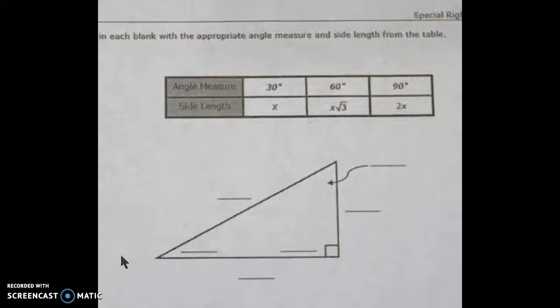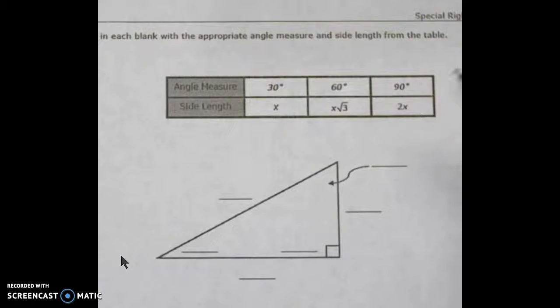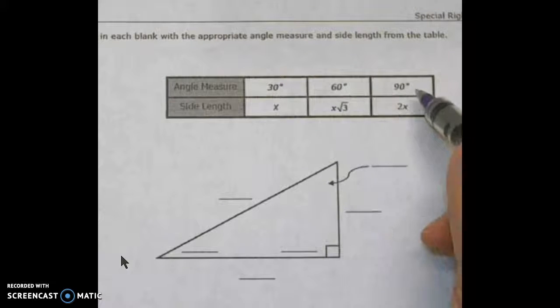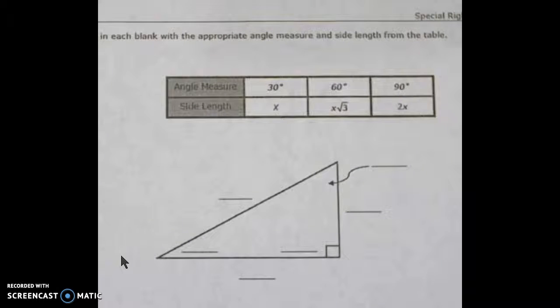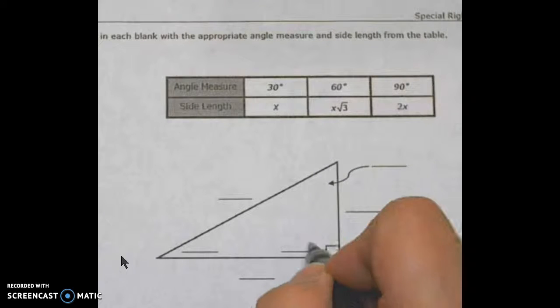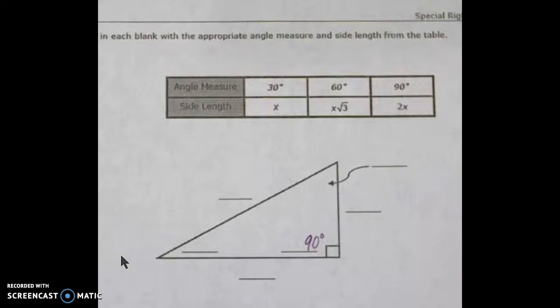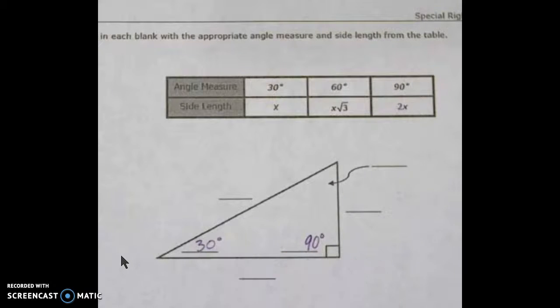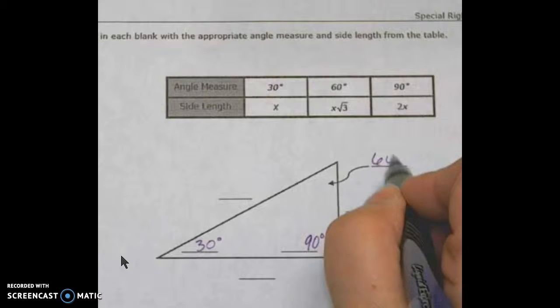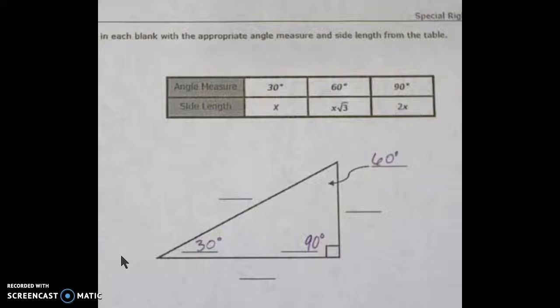On the back side of my notes page, I'm looking at my generic 30, 60, 90 degree triangle and the side lengths opposite those angles. So as I fill in my diagram, my 90 degree angle near the right angle symbol, my smaller of the two acute angles 30 degrees, and the larger of the two acute angles 60 degrees.